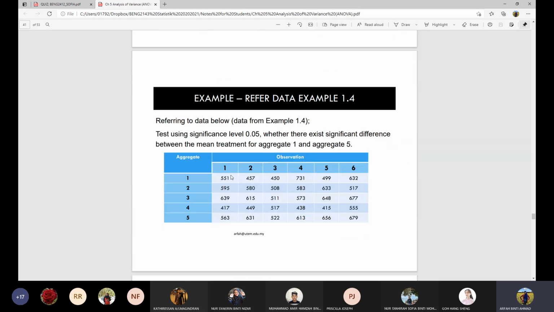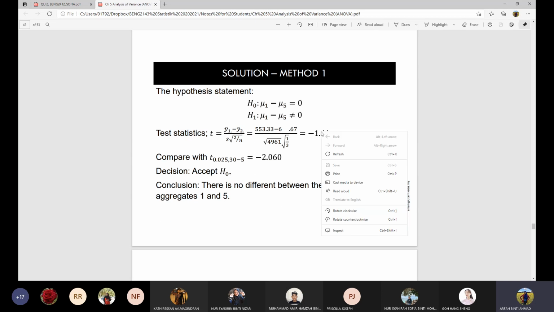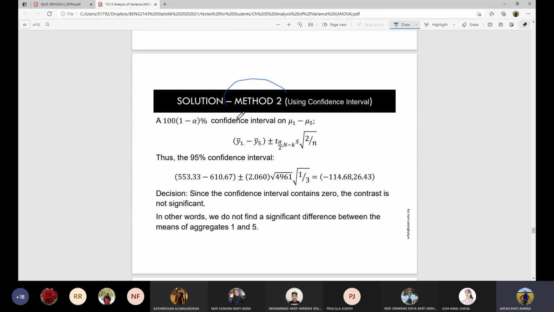Another way, if you don't want to use this test statistic, so kita tak nak tengok dekat mana dia punya rejection region or acceptance region, salah satu cara, another one is by using confidence interval.